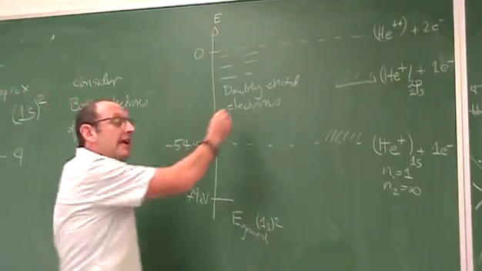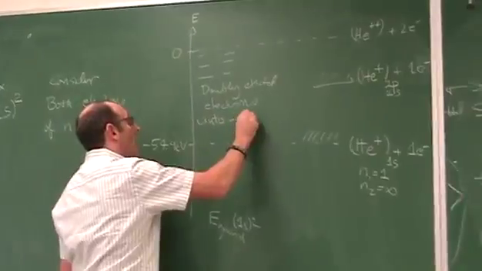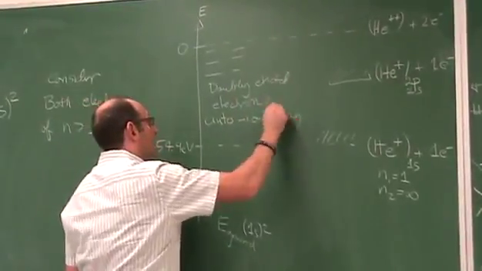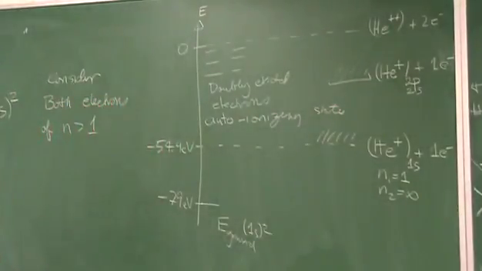So what these states are called are auto-ionizing states. Of course it takes some time for the electrons to move. If somehow I were able, in some sort of short pulse situation, to excite the two electrons, all of a sudden they find themselves in a potential that's not quite right, and the atom would disintegrate, and the electrons would fly apart.